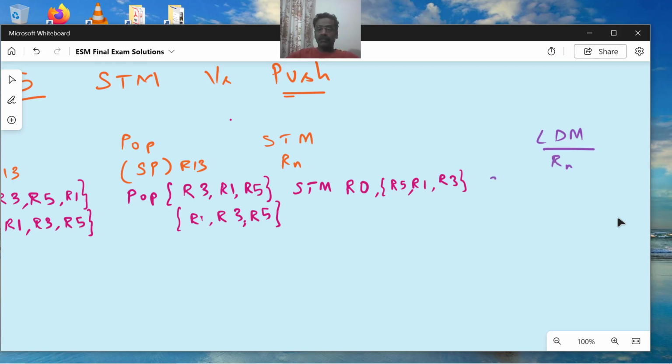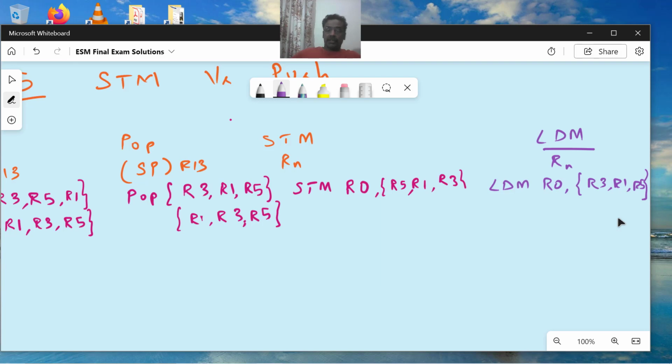Now for LDM, I'll give the base register, which is here R0, and then I give these three registers, the same set of registers.